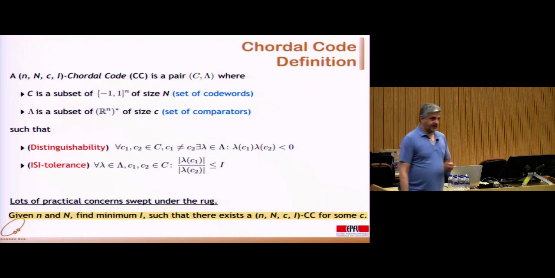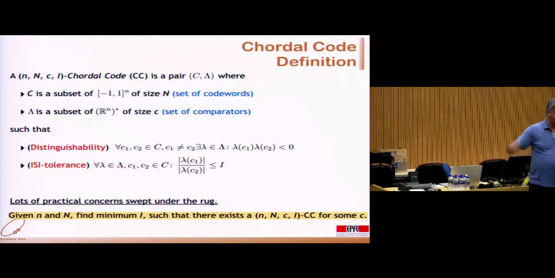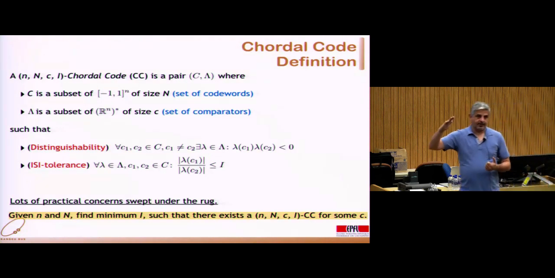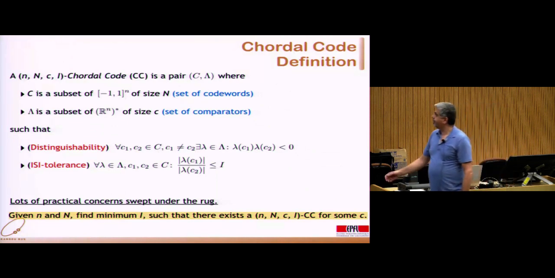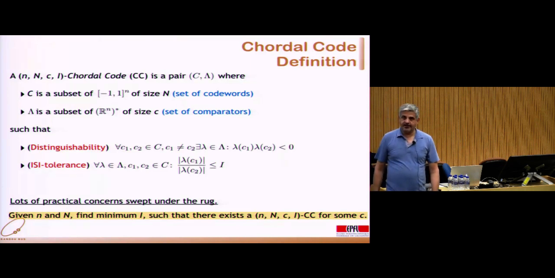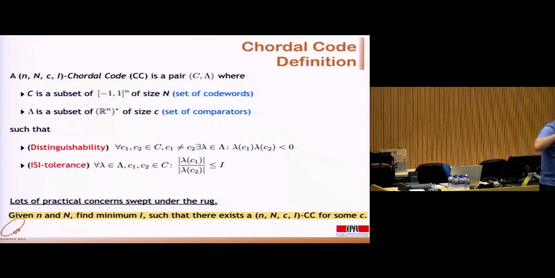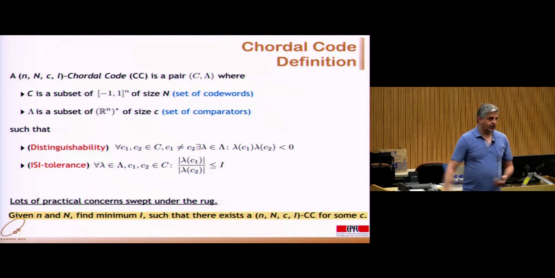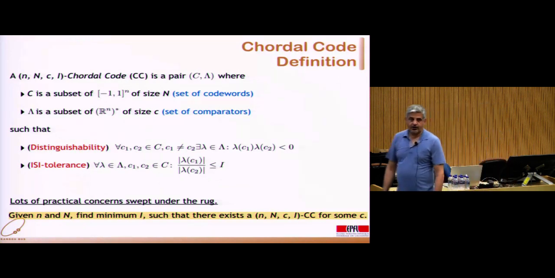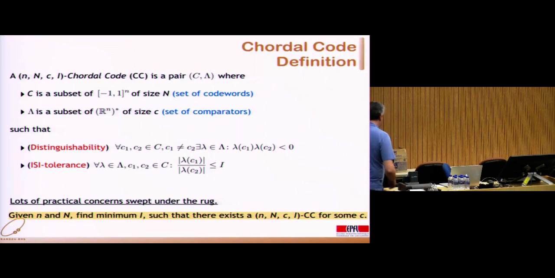So the distinguishability says that for any two code words, there is some comparator such that the two code words are on opposite sides of that comparator. And the ISI tolerance says that the ratio between the furthest point from a comparator and the closest point is never bigger than I. Of course, there are lots of practical concerns that have been swept under the rug, but this is a good enough definition to start working with.